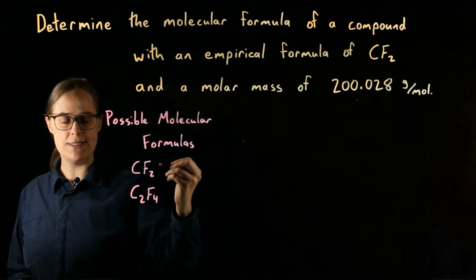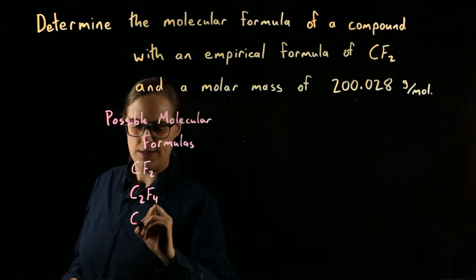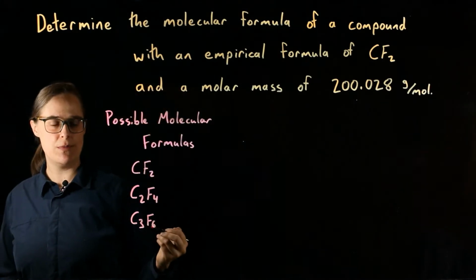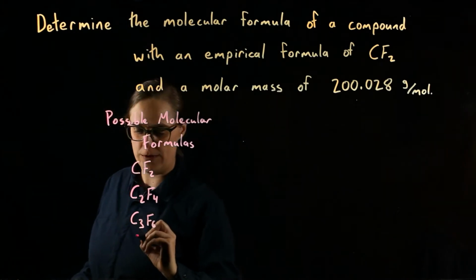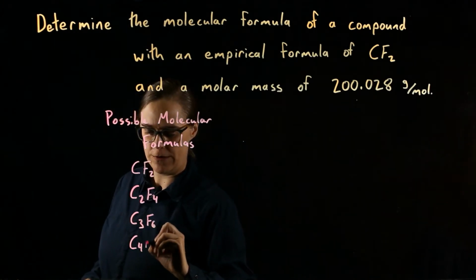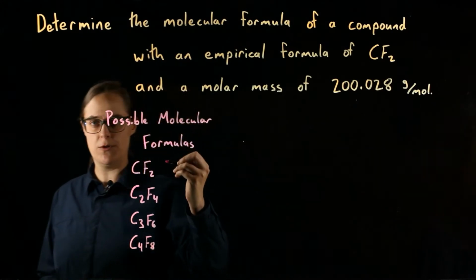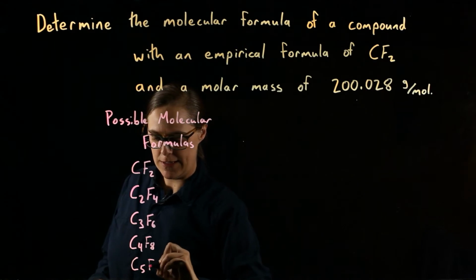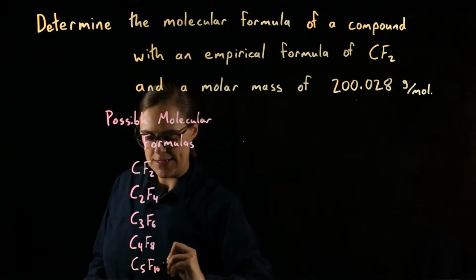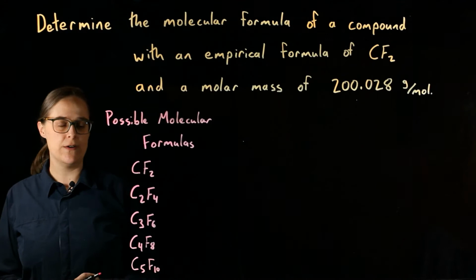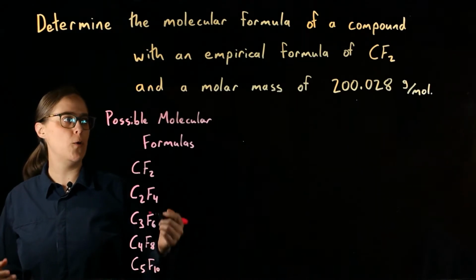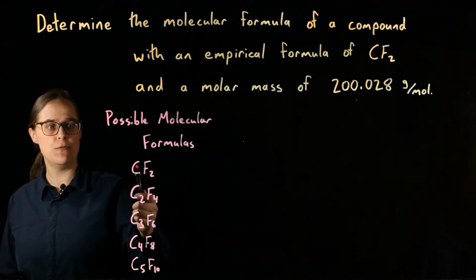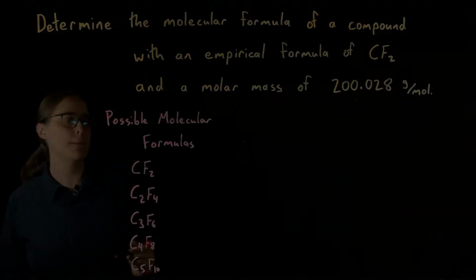We could multiply CF2 by 3 and get C3F6. We could multiply CF2 by 4, C4F8. We can multiply CF2 by 5, C5F10. This list is infinitely long. It can go on forever, but I know that whatever my molecular formula is, it's going to have a ratio of 1 carbon to 2 fluorines.